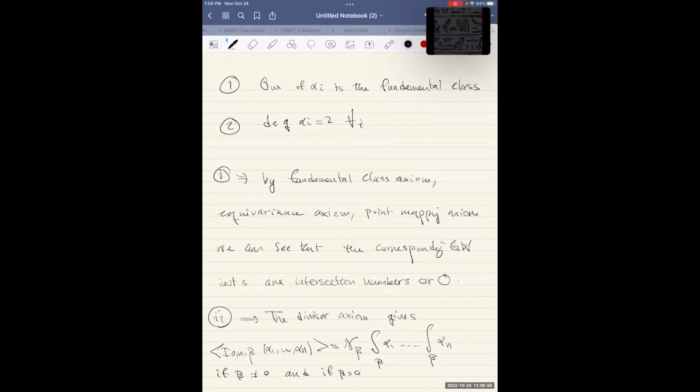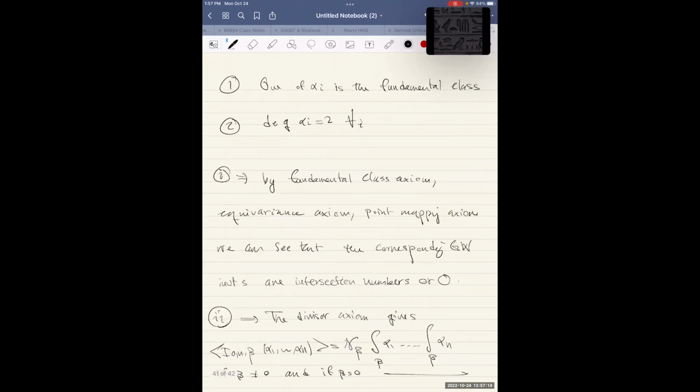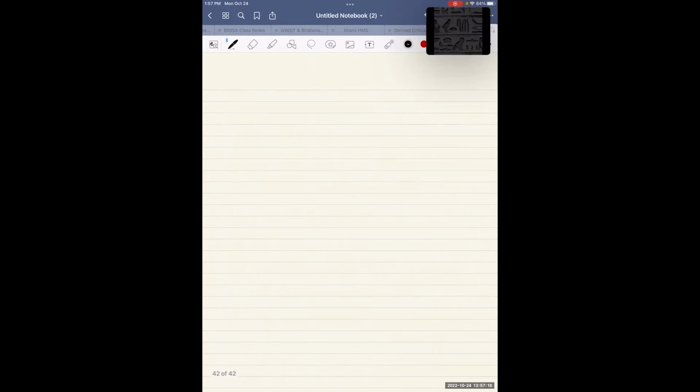That's the only way. That point needs to lie on all of the cycles, right? But if it is a pointed map, that means all of those cycles need to meet exactly at that point. So, how is that going to be achieved? Otherwise, if β is equal to 0, this is what happens.